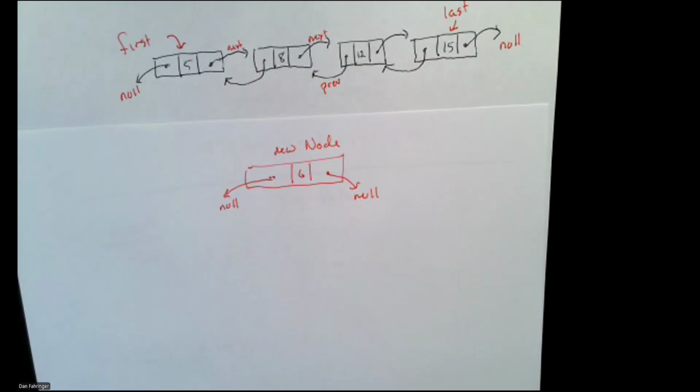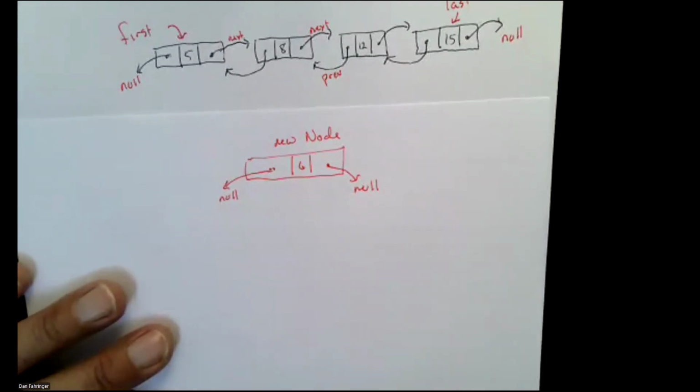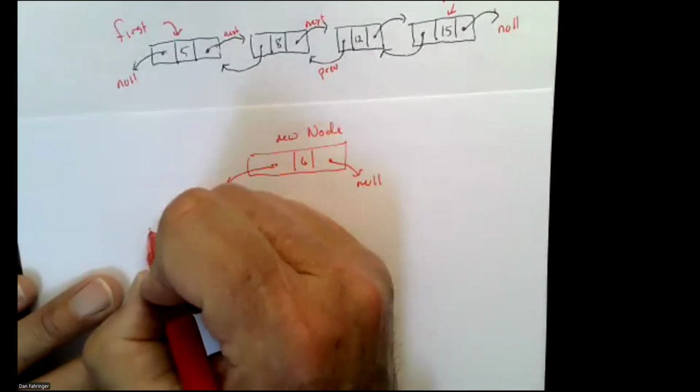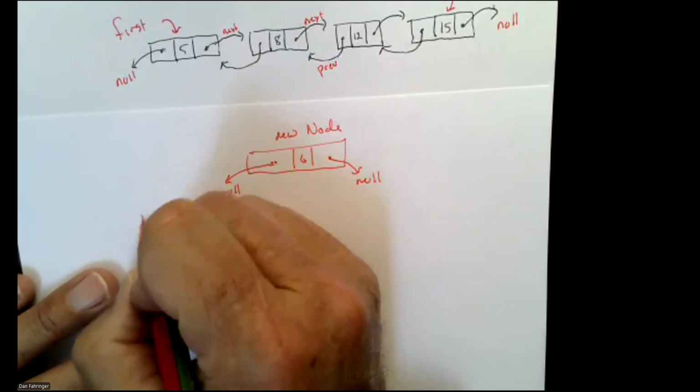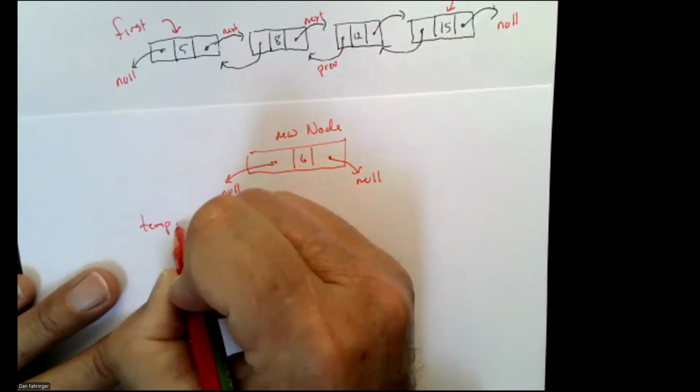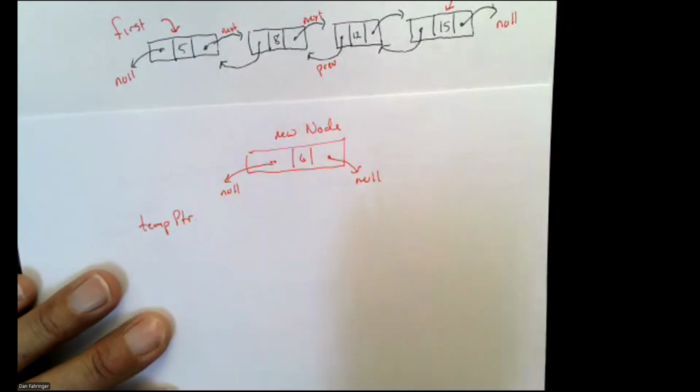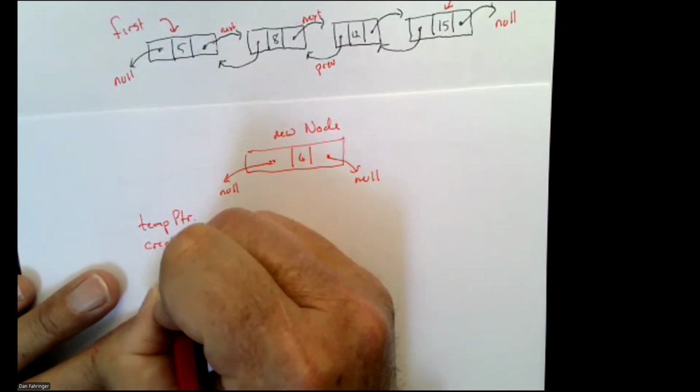Let's see if we can come up with an algorithm. Wouldn't you check to see if the new node is less than the first? And if it is, then you would insert it there. Well, let's start with this. I need to traverse through, and when I do that, I know I need a temp pointer. Good. Create new node.